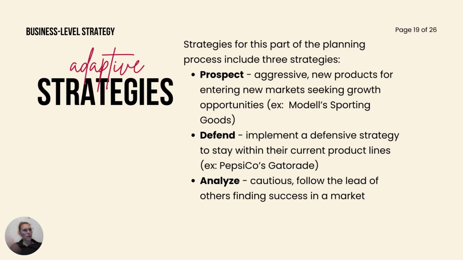Adaptive strategies. Strategies for part of the planning process include three strategies: prospector, aggressive new products for entering new markets, seeking growth opportunities. Models, sporting goods versus Dick's Sporting Goods. They knew Dick's Sporting Goods was doing well, so they went after it too.